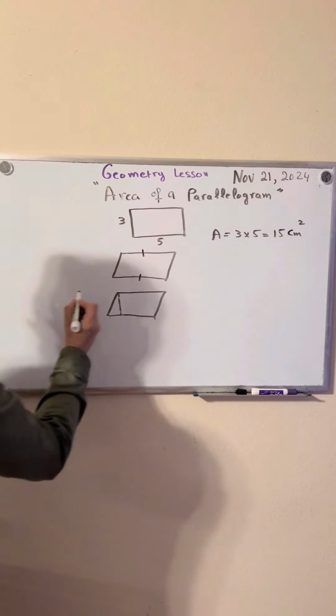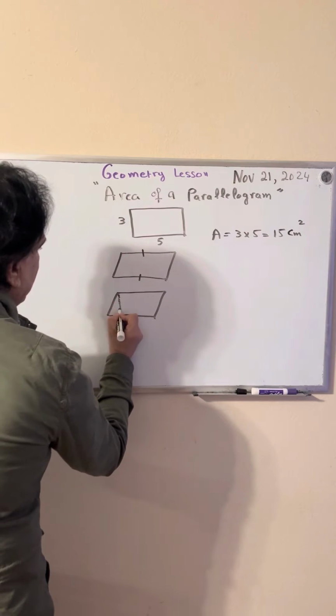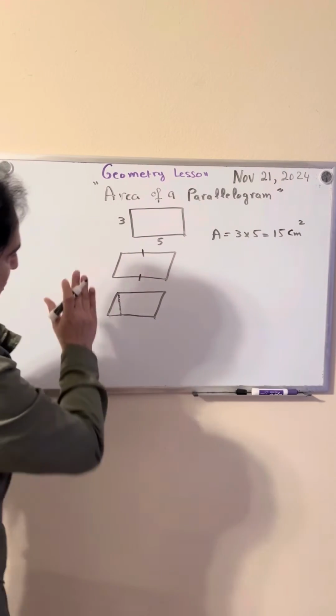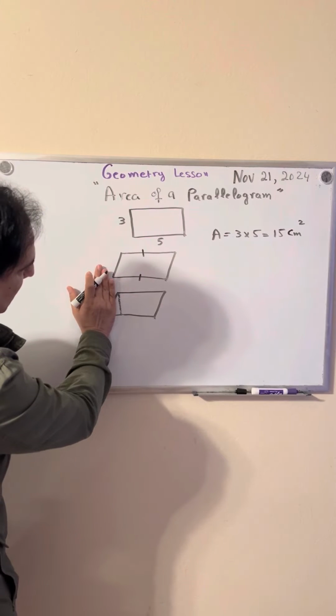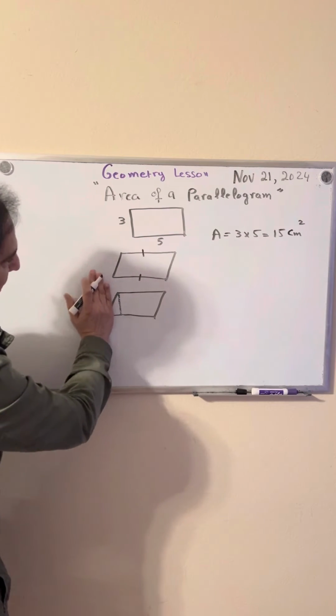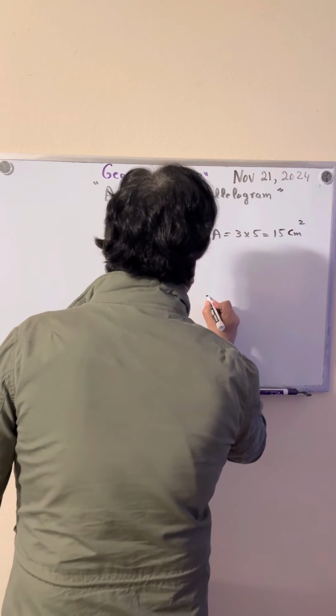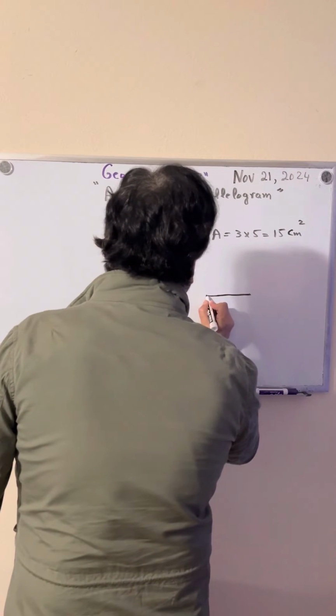Understood? So this is the height, right? Then imagine in your mind that you cut this piece right here and bring it over here. So let's do that.